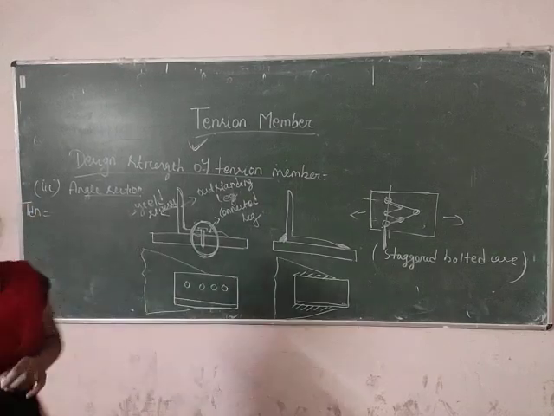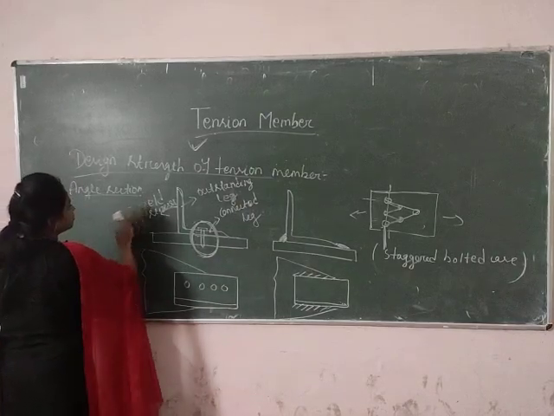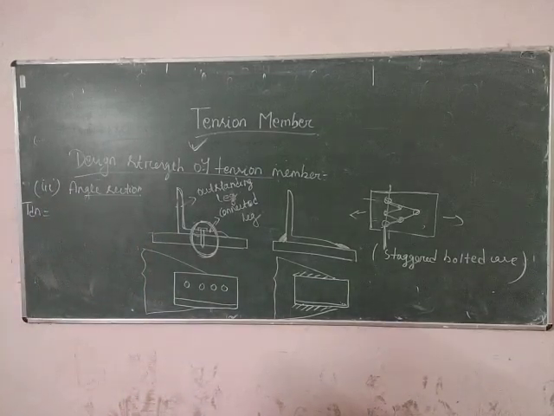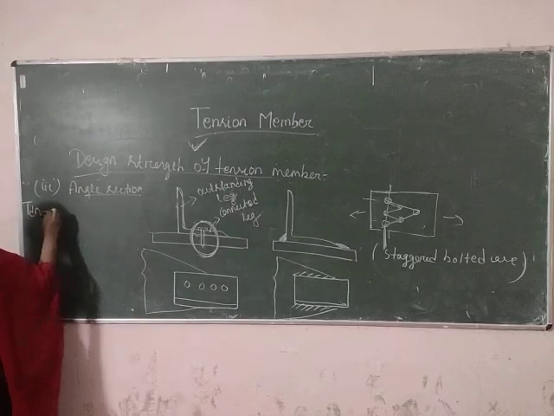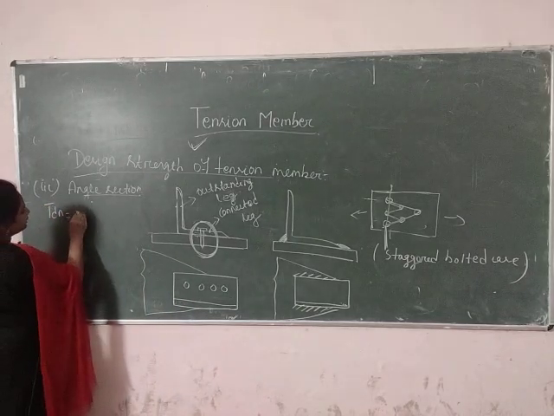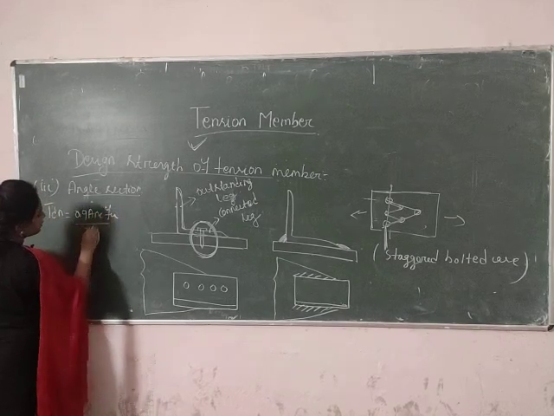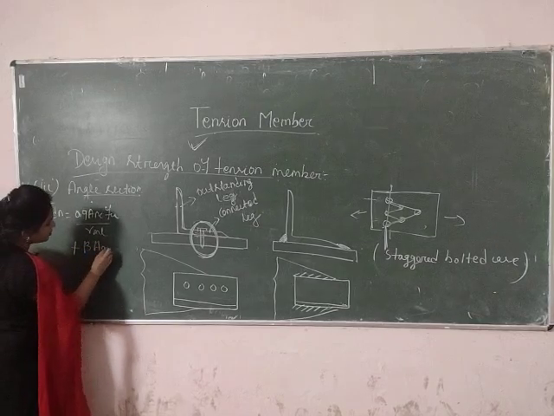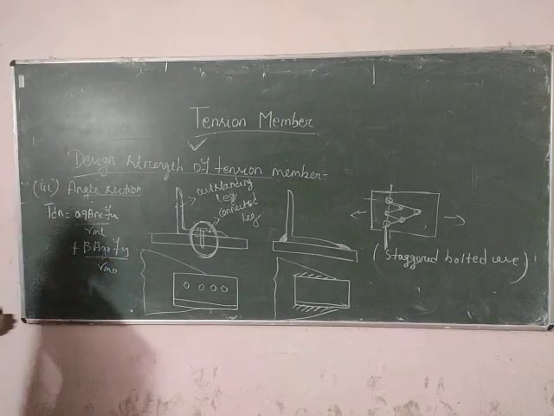Okay, and the formula is 0.9 Anc Fu by gamma m1 plus beta Ago Fy by gamma m0. Okay.